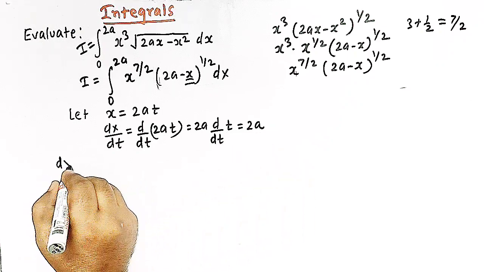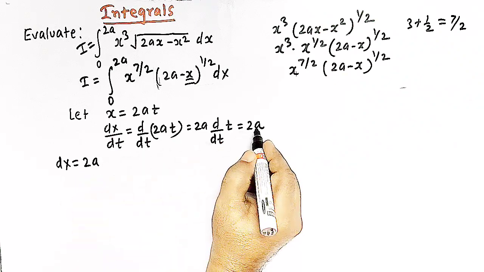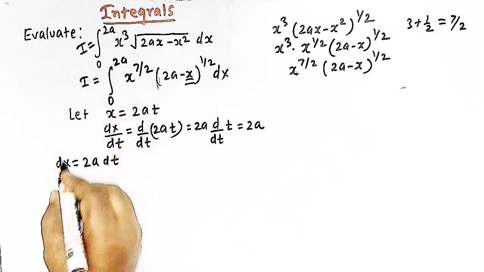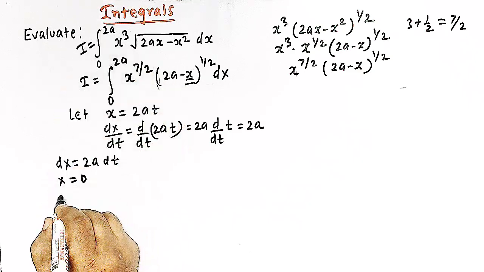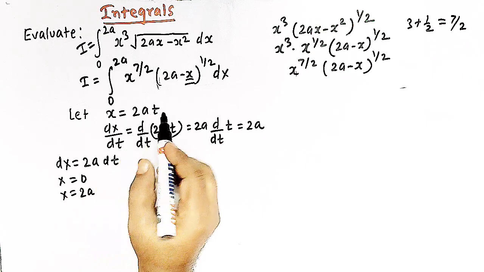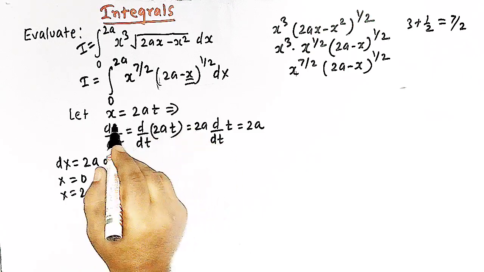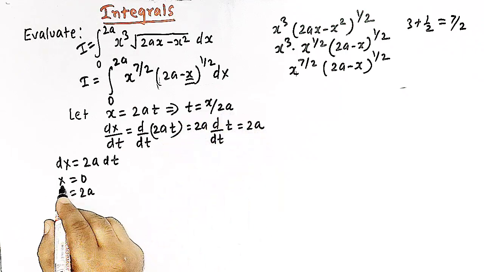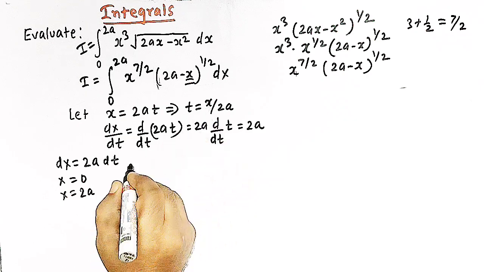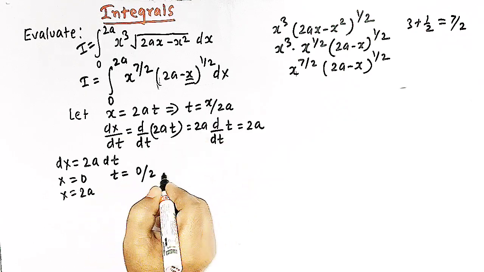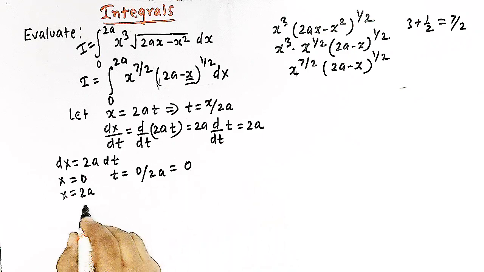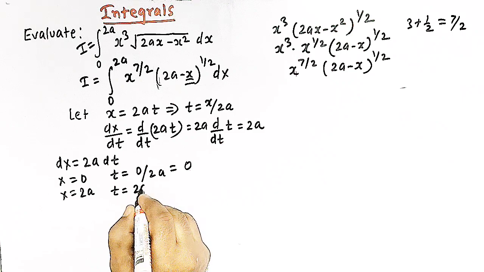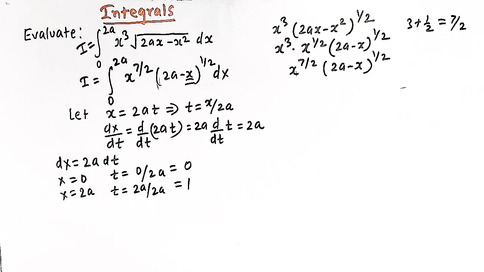So we can write dx is equal to 2a dt. Now let us change the limits. The lower limit is 0 and the upper limit is 2a. The corresponding values of t can be obtained from the relation t is x over 2a. When x is equal to 0, t is 0 over 2a, that is 0. And when x is equal to 2a, t is 2a over 2a, which is equal to 1.